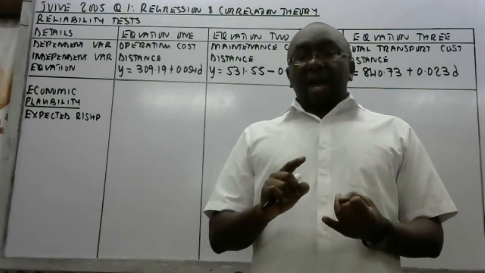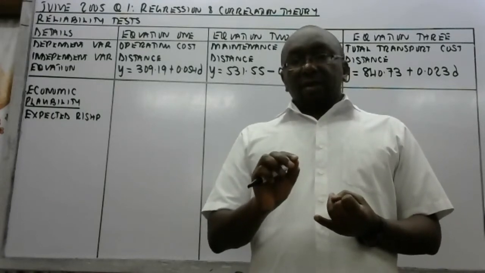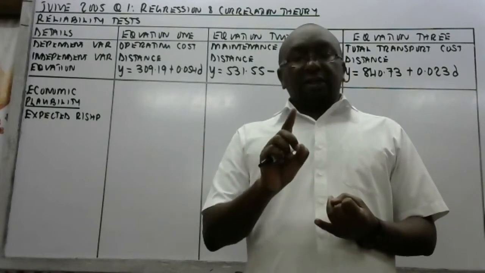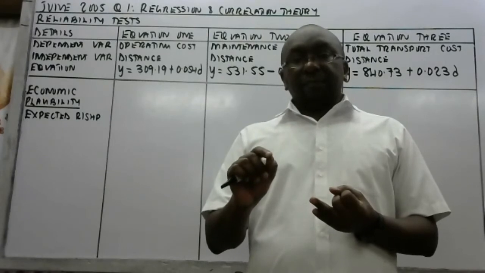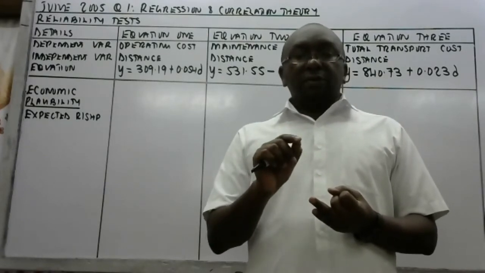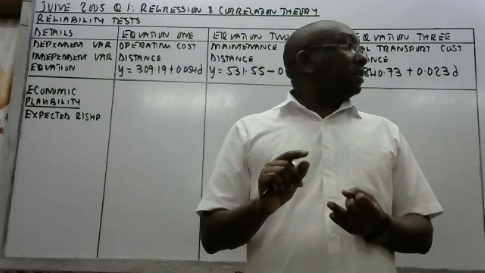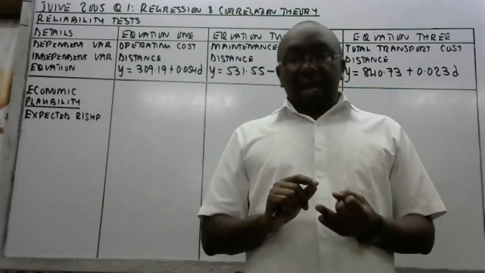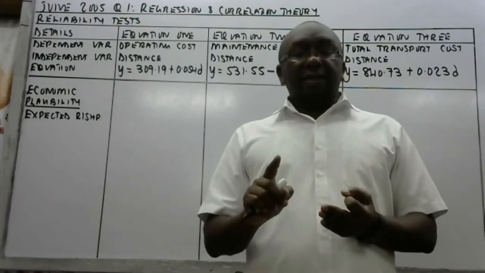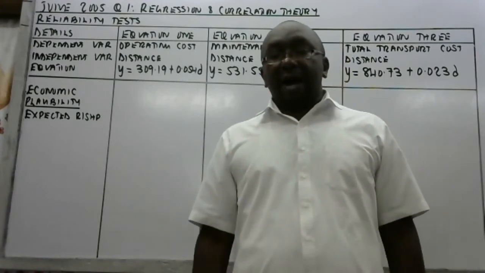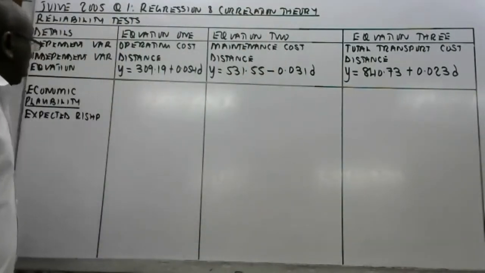And direct is where the two variables change towards the same direction and is represented by positive sign. Number two, is called inverse. Inverse is where the variables change towards opposite directions and is represented by a negative sign. Now, number three is where they have no relationship and is represented by 0.